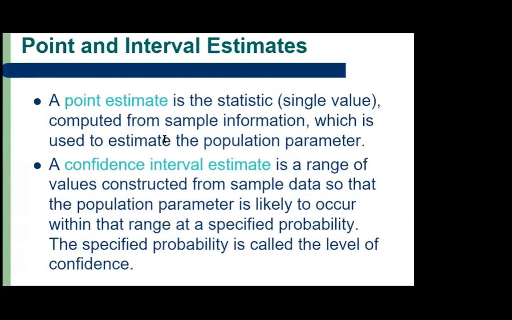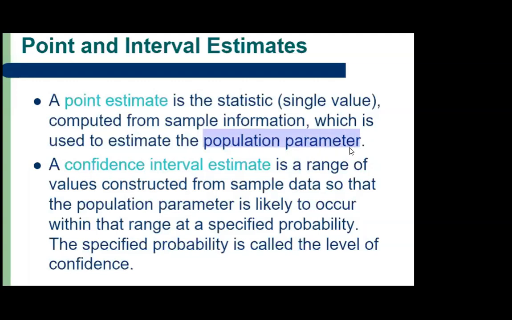So what is a point estimate? A point estimate is a statistic, a single value computed from sample information, which is used to estimate the population parameter. An example of a point estimate is the average.